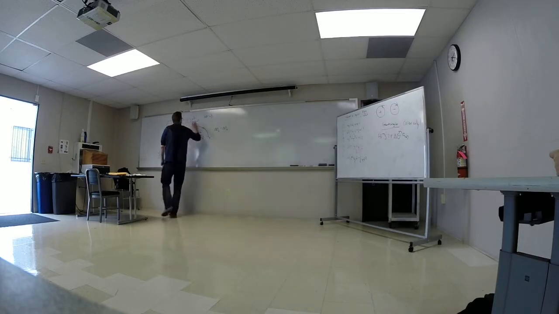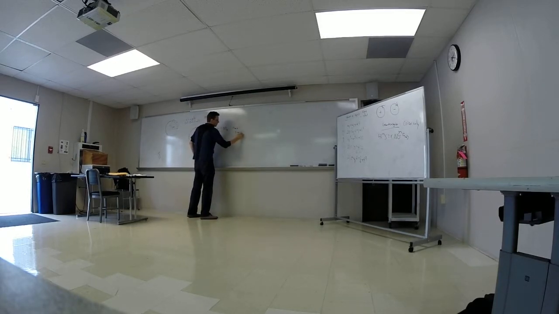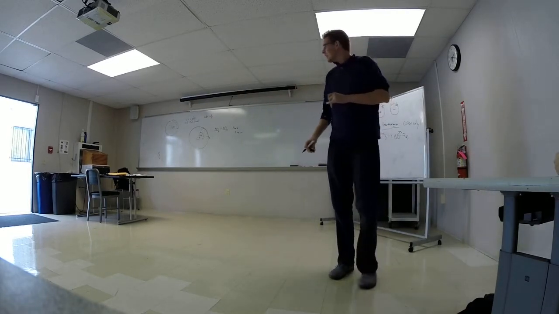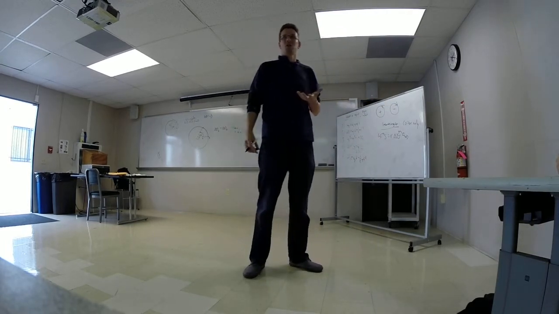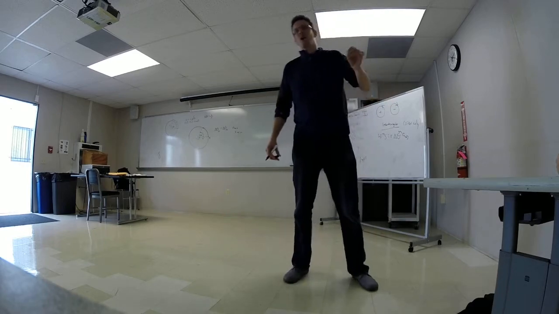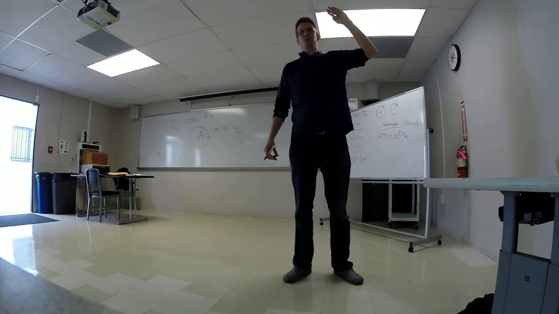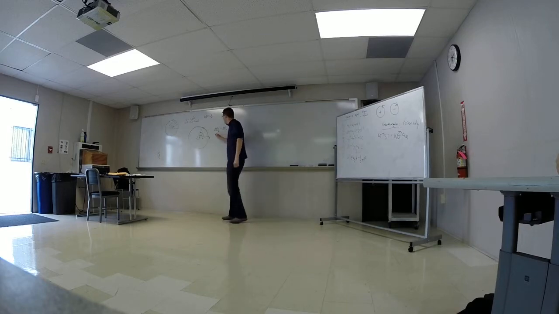So we see that if we have this being fixed, S is proportional to R. If the delta theta term is fixed, the distance traveled is directly proportional to R, which is to say, the further out you are from the center of the circle, the more distance you will travel when you cover a given angle. Okay? So the distance from the center is not equal, therefore the distance traveled is not equal.